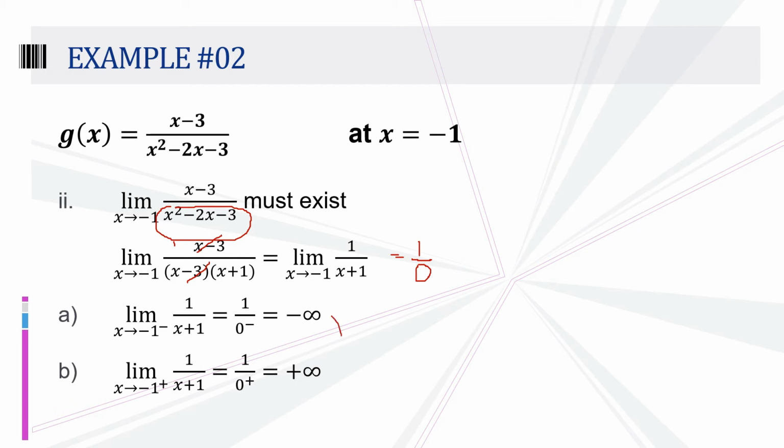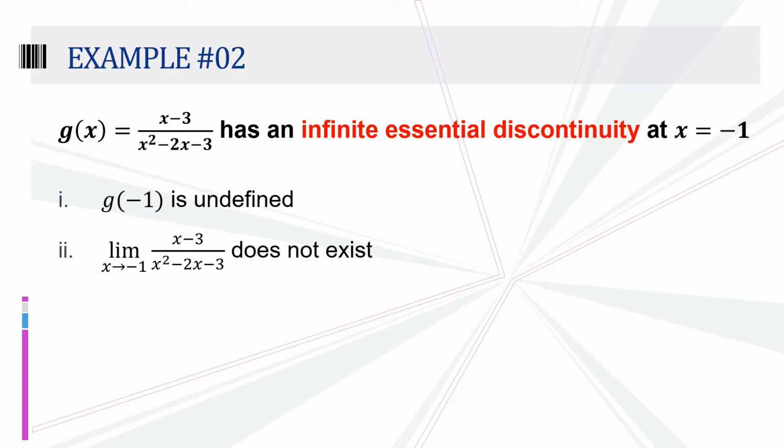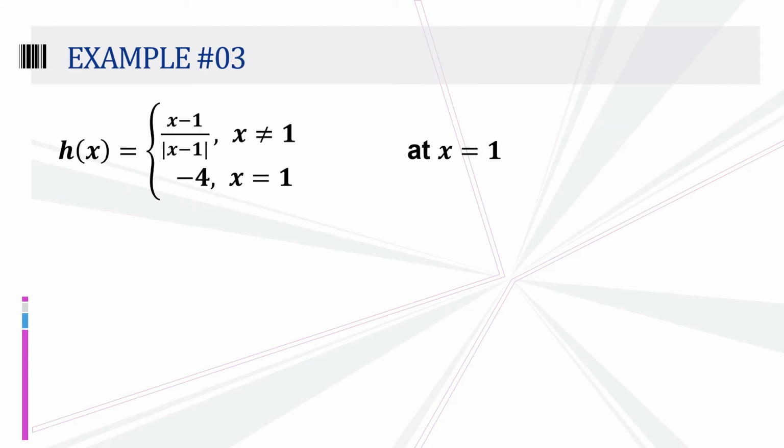Since hindi pareho yung kanyang limit, this means that it does not exist. And particularly, the limits are infinity, which means that g of x has an infinite essential discontinuity at x equals negative 1.